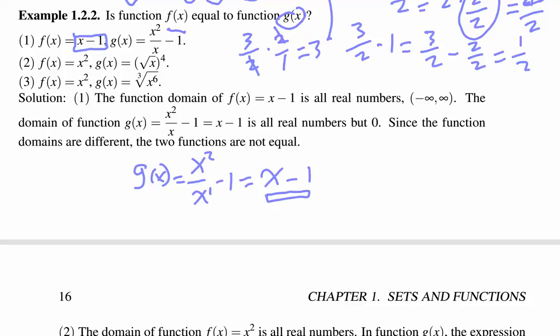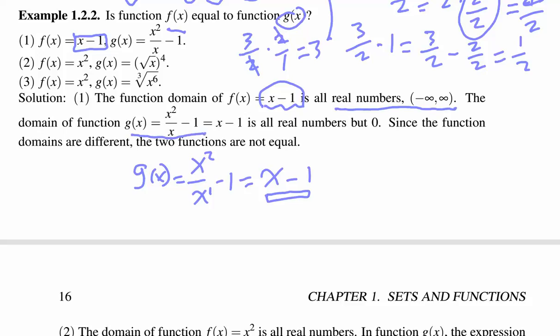For equal functions, you also want to check the domain. Here the domains are different. For this one, any number works. So the domain is all real numbers. But for this one it is different.